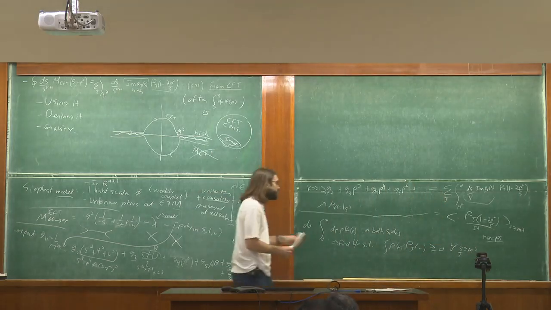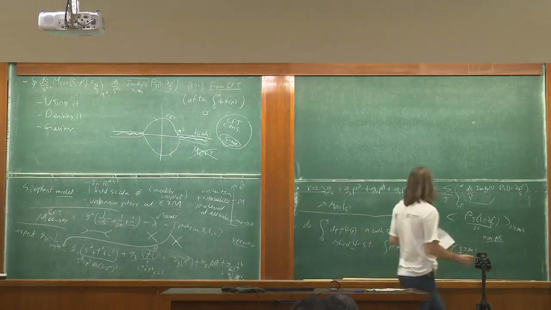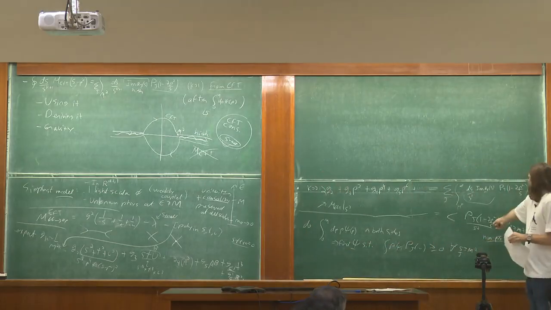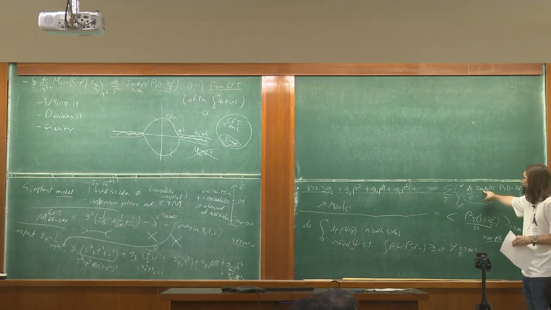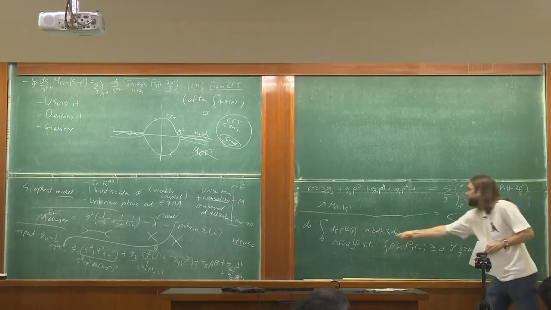If you can find such a wave function, then at least you know something about the sign of the right-hand side, which was the only thing we knew about these unknowns. So we're not going to learn anything if we don't find such wave functions.